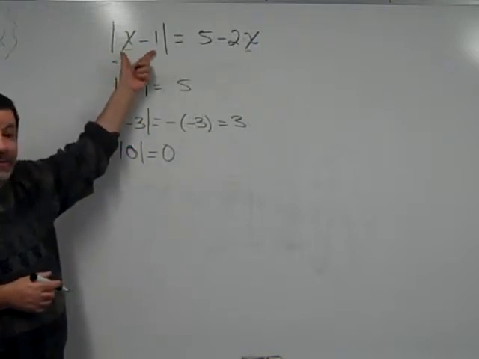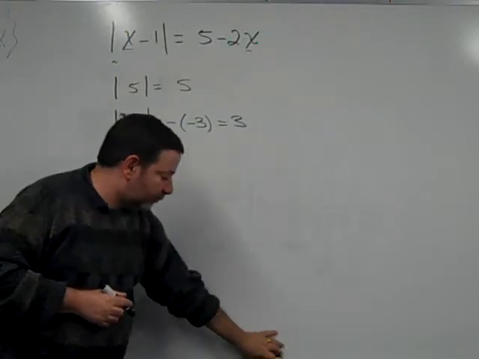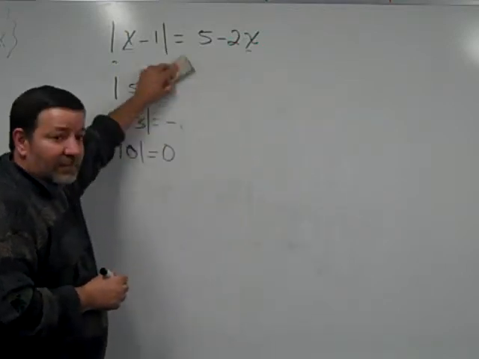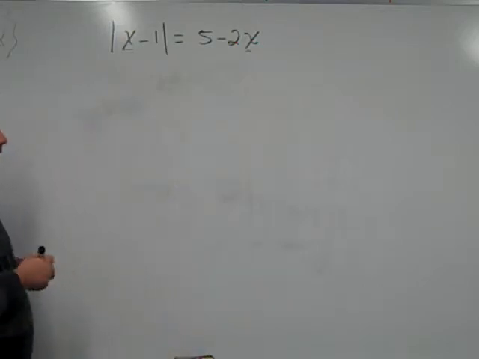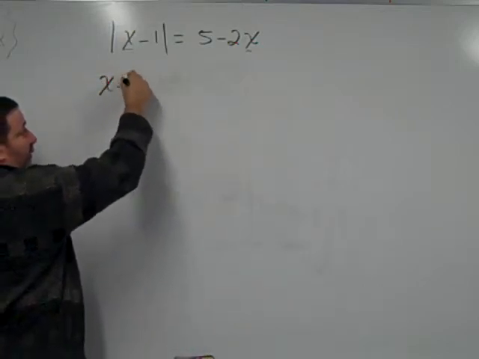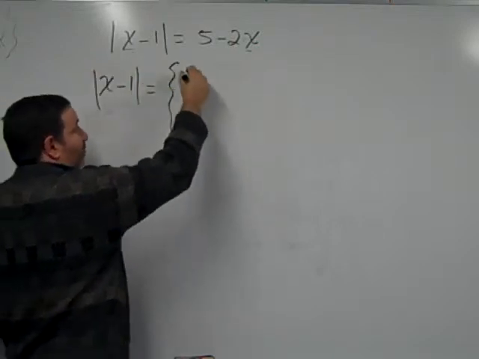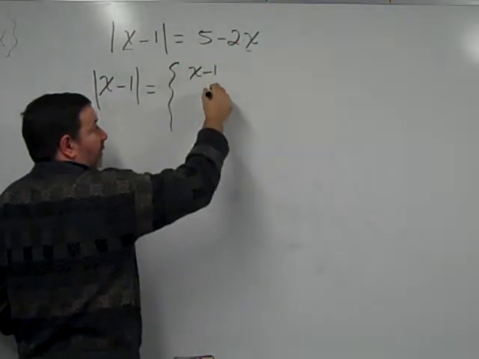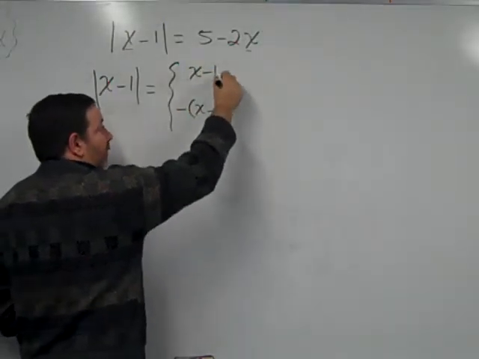And when it's negative, it'll be negative x minus 1. Okay, so let us write that up. It's called the piecewise function. The absolute value of x minus 1, sometimes it's x minus 1. And sometimes it's negative that.